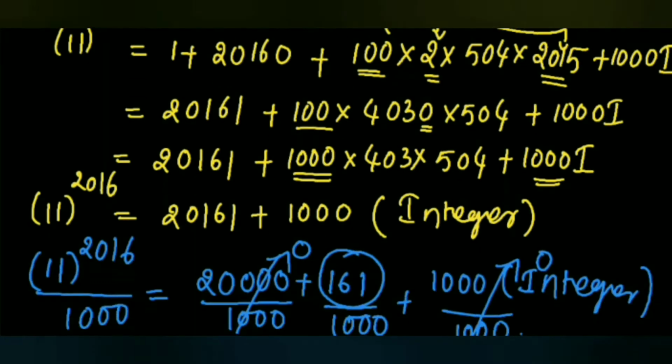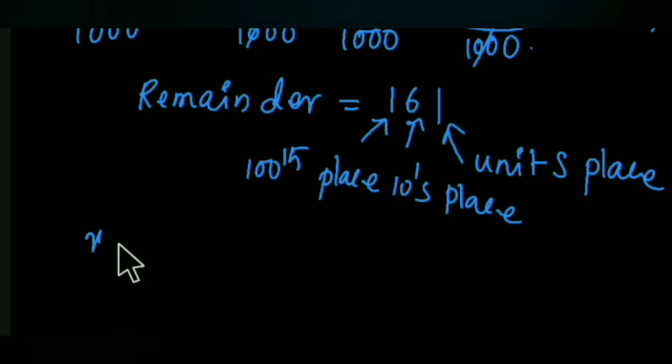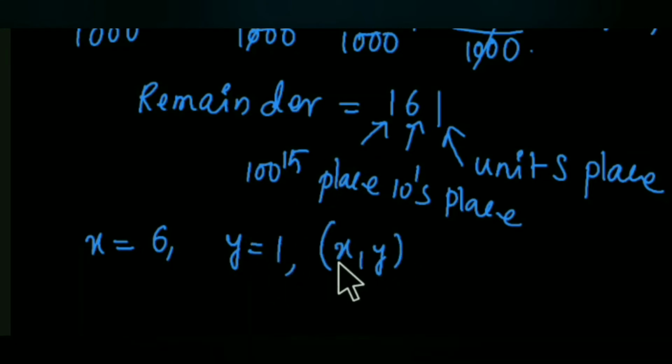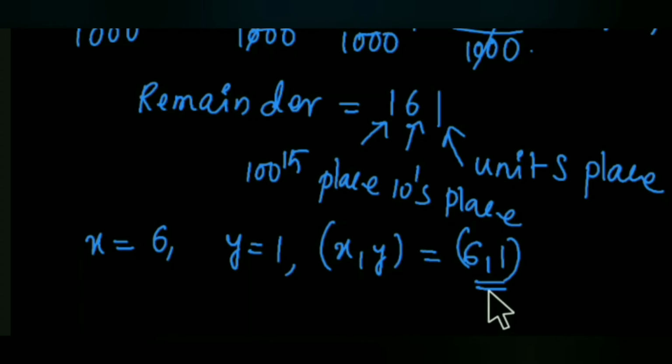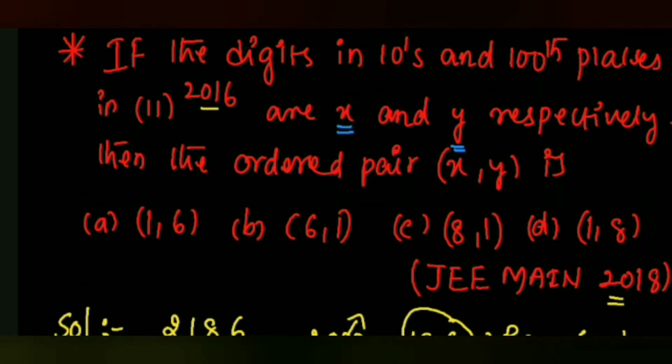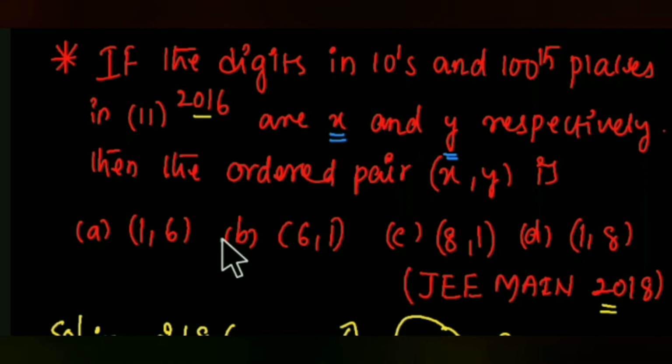So x is equal to 6, and y is equal to the hundreds place digit, which is 1. The ordered pair x, y becomes 6, 1. So the answer is 6, 1, which is option B. Option B will be the right answer.